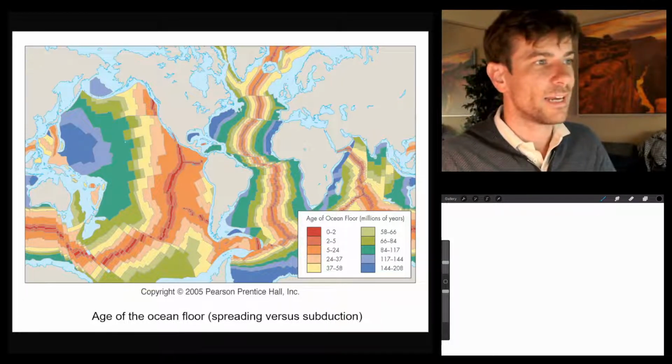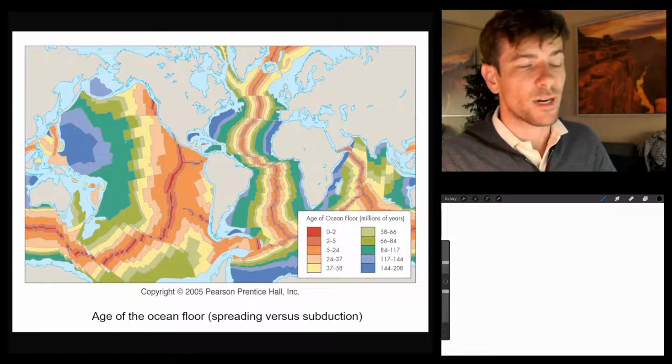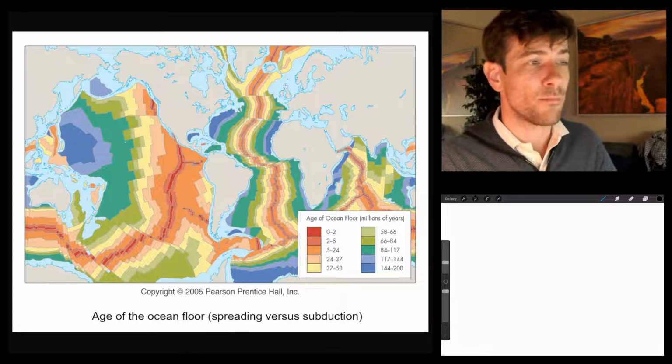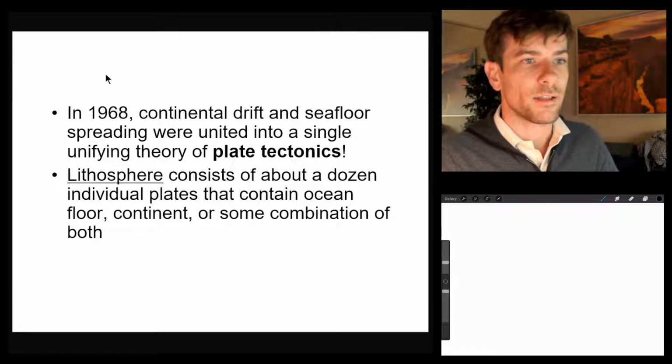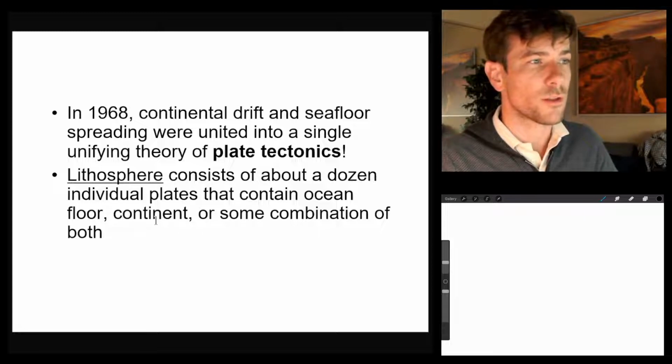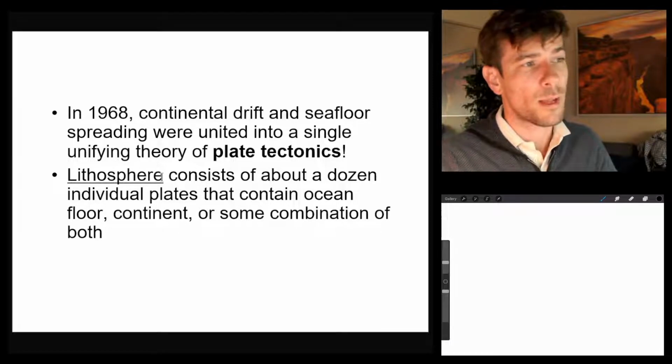All right, and why that's true, it's a complex question, but at the first order, it has a lot to do with the boundaries that these plates share with their neighbors. Okay. And so, again, in the late 60s, continental drift and seafloor spreading were united into a single unifying theory of plate tectonics. And that is to say that the lithosphere, which is the uppermost portion of the Earth, it's rigid, so it's not capable of this type of convective flow like we're talking about in the upper mantle.